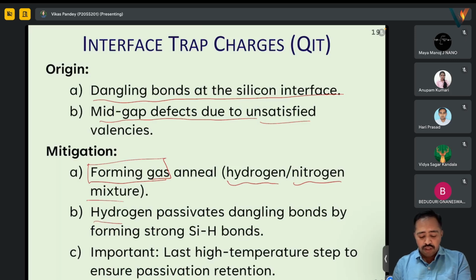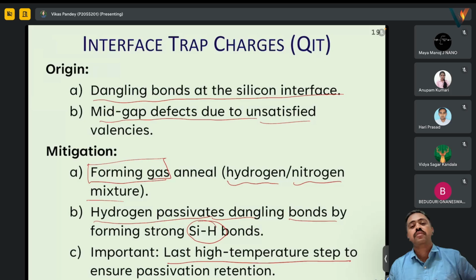What hydrogen does is that it passivates the dangling bonds by forming silicon-hydrogen bonds. And it has to be done as the last high temperature step. If other high temperature steps are done after this, interface trap charges can occur again. So this has to be done last.